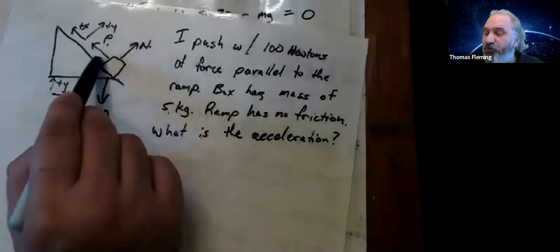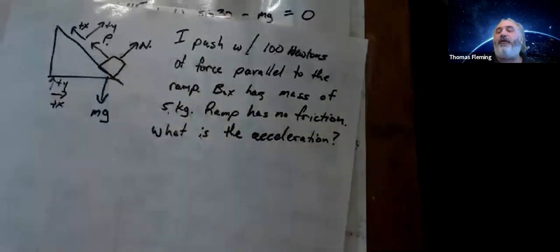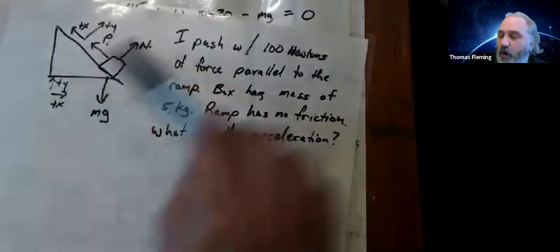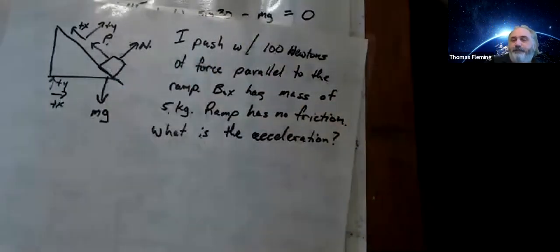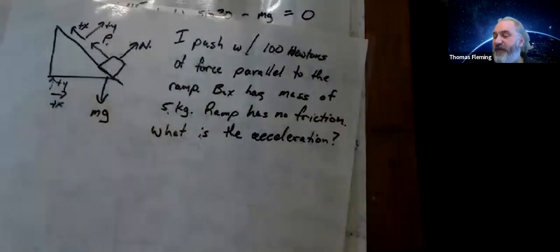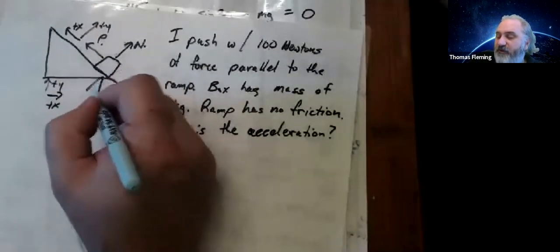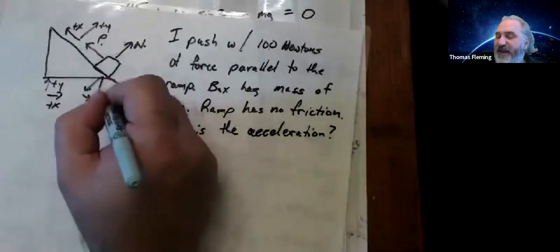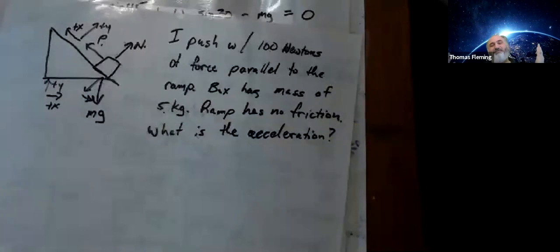This push force would have been slanty in a regular coordinate system, but here it's only in the x direction, not at all in the y direction. Gravity used to be only in the y direction. Now it's going to be a little bit in the y direction and a little bit in the x direction. So gravity is going to have to get split into components. That's harder than it used to be, but that's a trade-off.